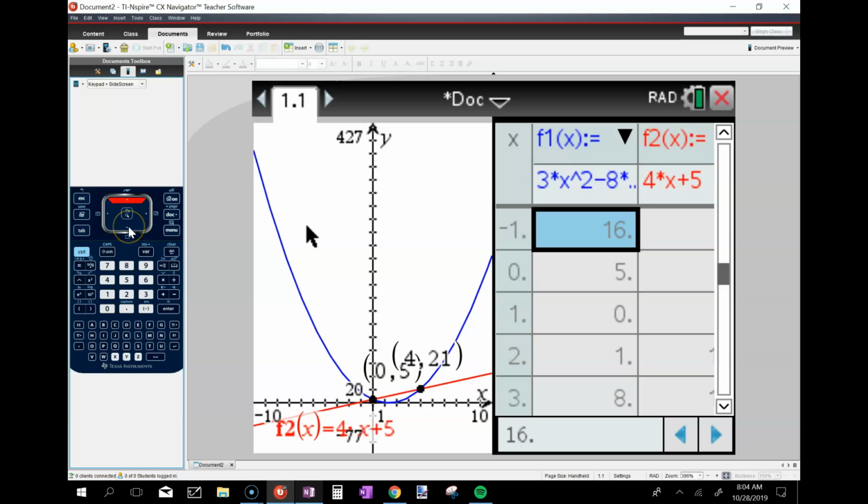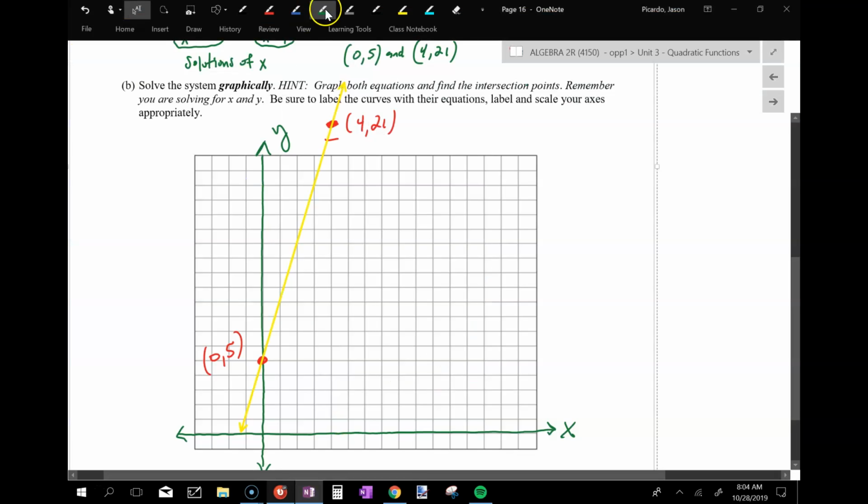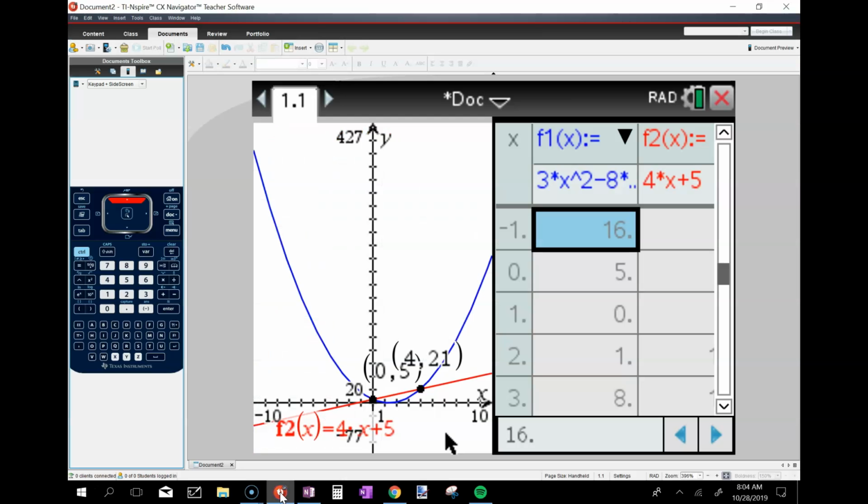Let's just find a few of these points, plot them on our graph, and move on to the next problem. I mean, that's literally that easy. Let's just do that. (1, 0), (2, 1), (3, 8). Actually, it was (1, 0), not (0, 1).